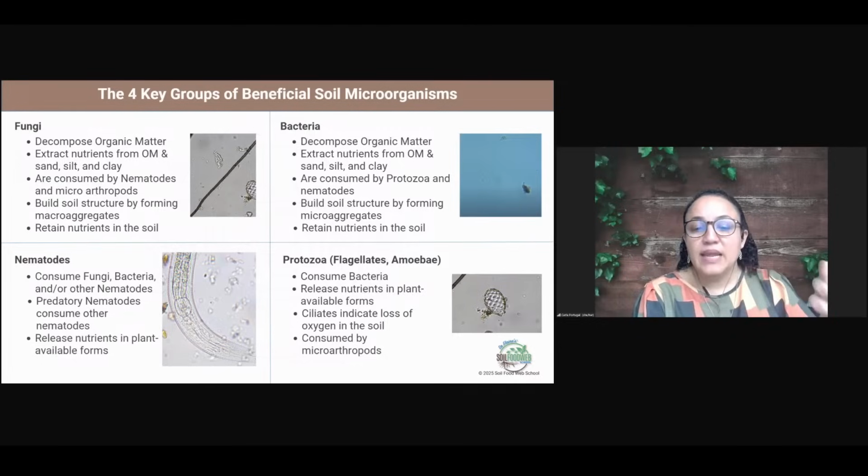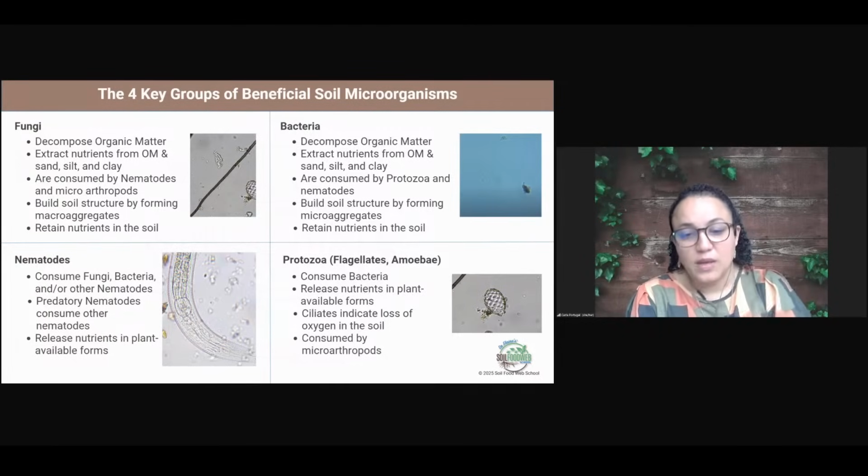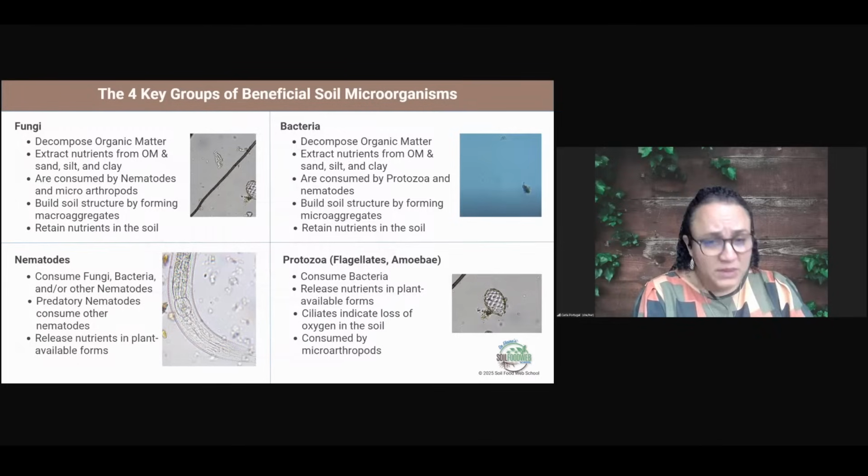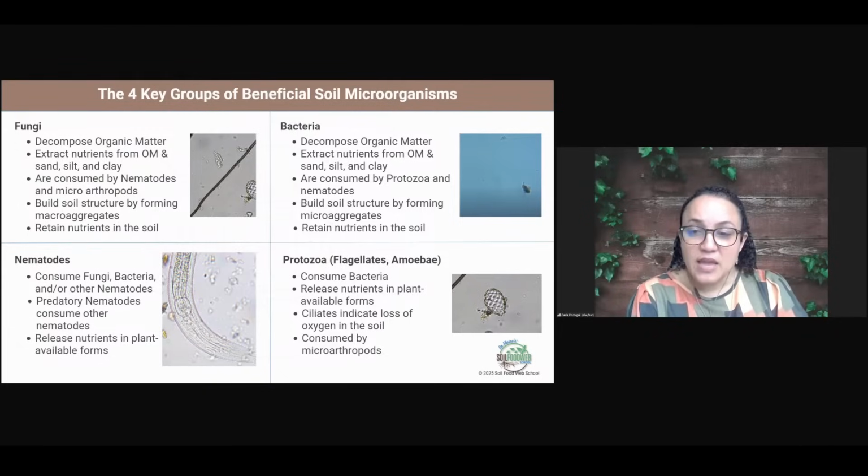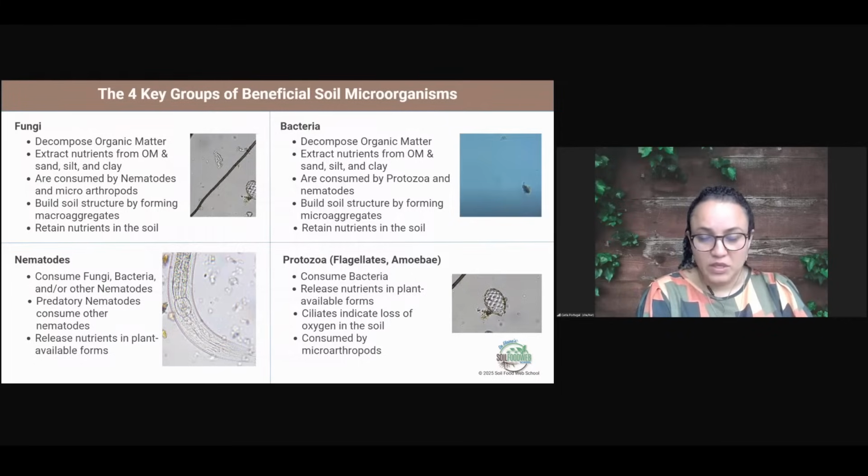And ciliates, that are also protozoa, they also consume tons of bacteria, even if not more than the flagellates and amoeba due to their size, but they are indicators of lower oxygen conditions. So it's not that they're bad. They are also contributing to the nutrient cycling, but they are indicating to us that our system is not at the best level of oxygen.